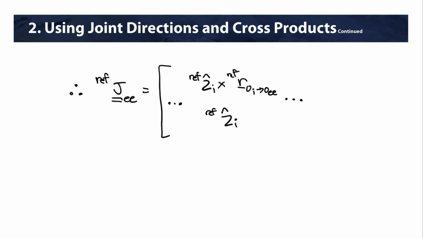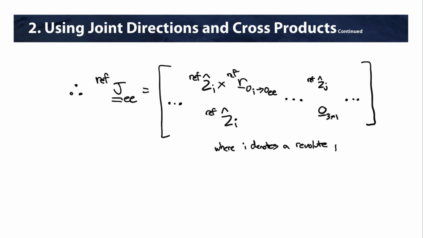And if our jth joint is prismatic, it will just be Zj here, and we'll have a zero vector in the bottom. Again, let's just make a note where i denotes a revolute joint, j denotes a prismatic joint.